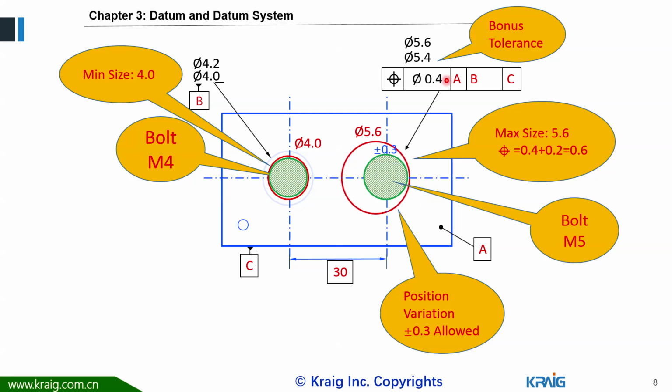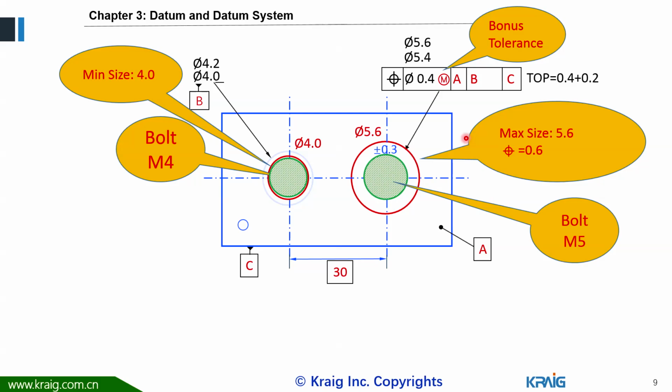So that's why we need to add another bonus symbol here. As we introduced in the previous module, we add the MMC modifier here. We call this bonus. The bonus means once the hole size becomes bigger than 5.4, we are going to get the bonus accordingly. In our case, 5.6 means bonus will be 5.6 minus 5.4.